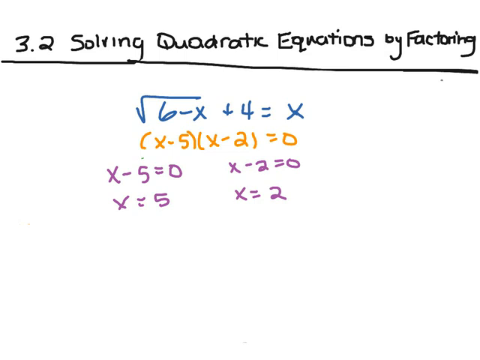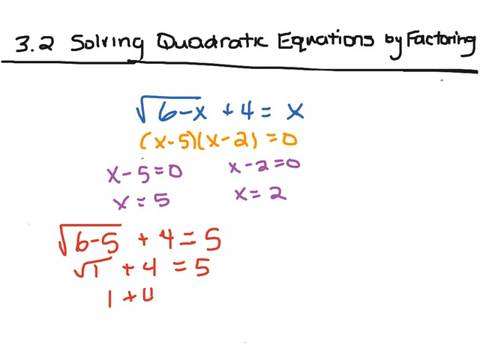So we have the square root of 6 minus 5 plus 4 equals 5. 6 minus 5 is 1, and the square root of 1 is 1. So 1 plus 4 is 5, and 5 equals 5. This one works, so this is one of our answers.